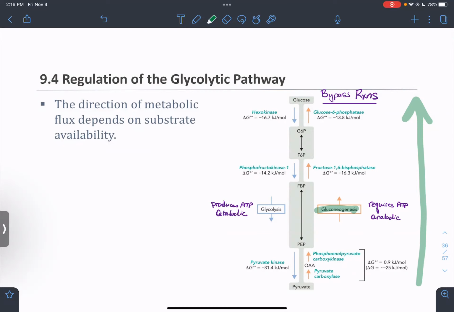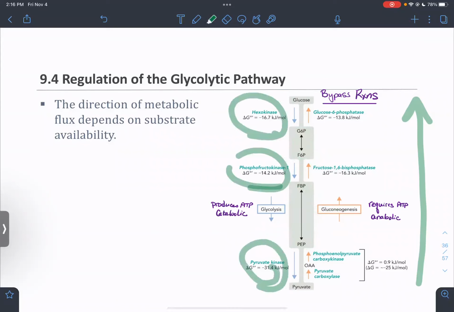It uses the same enzymes for all of the reversible steps. All of the parts in the pathway that are here are reversible portions. The parts that aren't reversible are the ones with very high negative delta G values. So what we're going to talk about is how we can bypass those reactions.